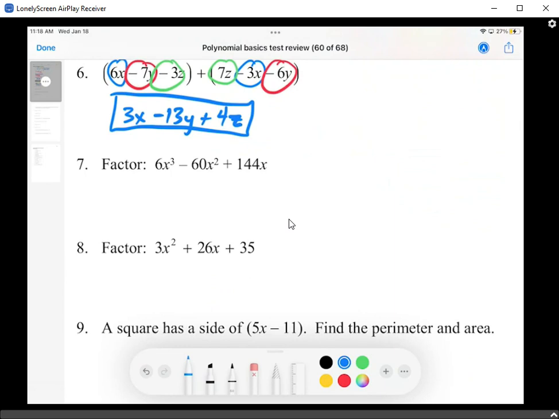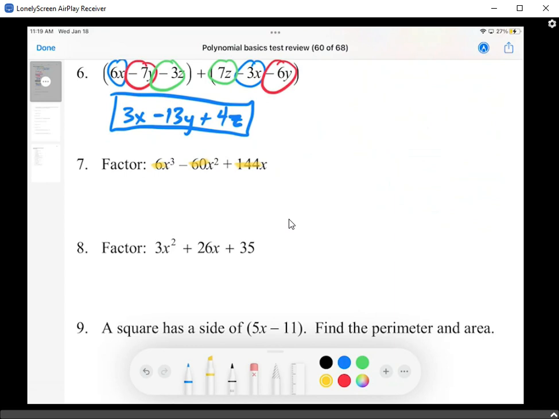All right, number 7 looks like it's going to be super duper challenging, but honestly, it's really not. It's much easier than it looks if you can keep in mind that you need to draw out a greatest common factor at the beginning. I look at all three of these coefficients, 6 and 60 and 144.